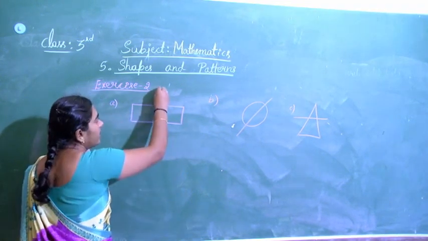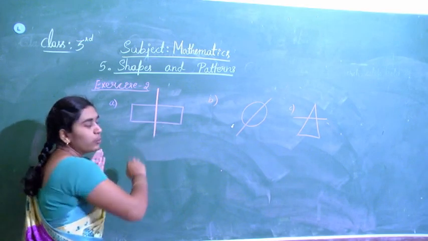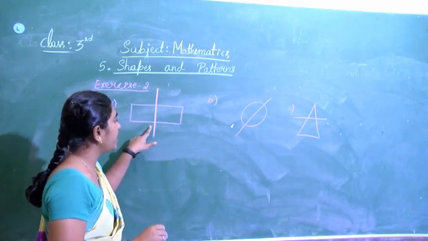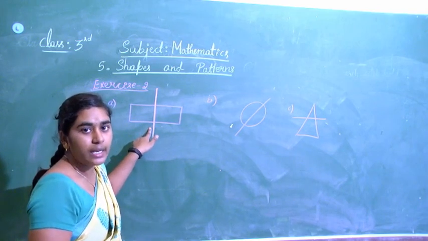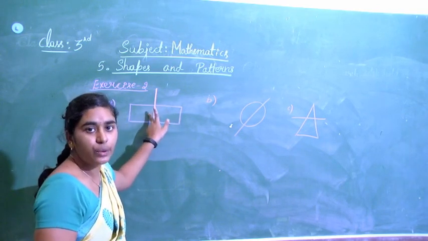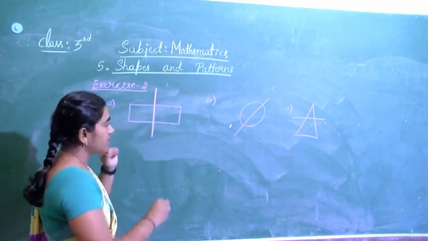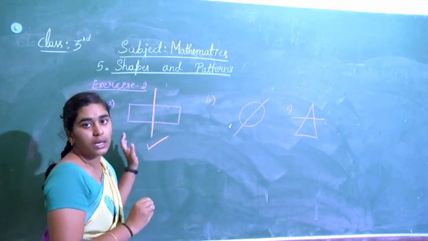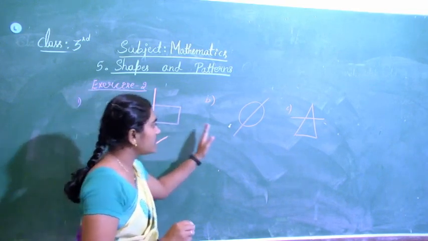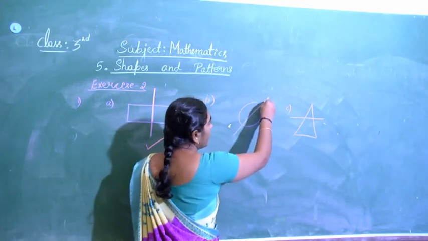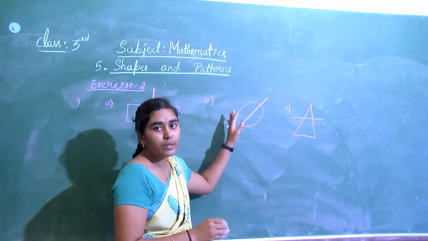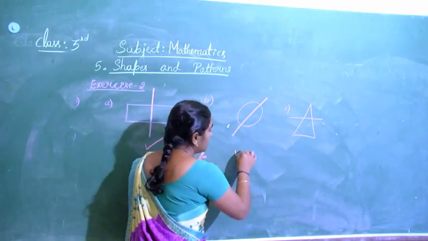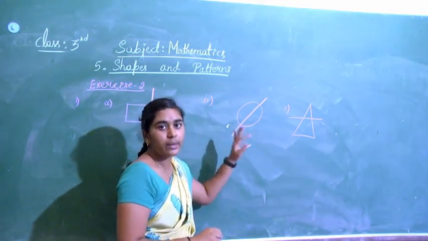The rectangle has been divided into 2 parts with this line of symmetry. Is this line dividing the rectangle into 2 equal parts? Yes. So this is the correct one. And then the same thing for the circle. Is this line dividing the circle into 2 equal parts? Are the 2 equal parts looking similar? Yes, they are looking similar like a mirror.